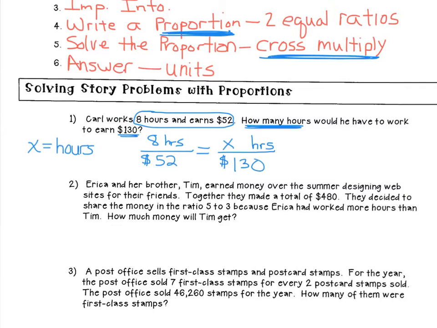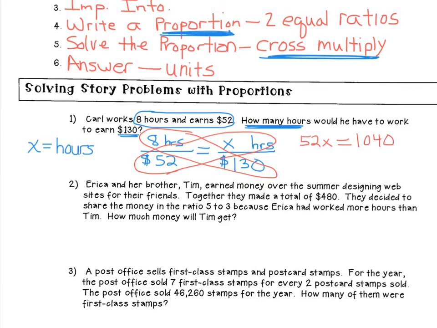You cross multiply. And I always like to start with the variable. So I'm going to start with 52 times x. 52 times x is 52x. And set that equal to the other cross product. 8 times 130. 8 times 130 is 1040.